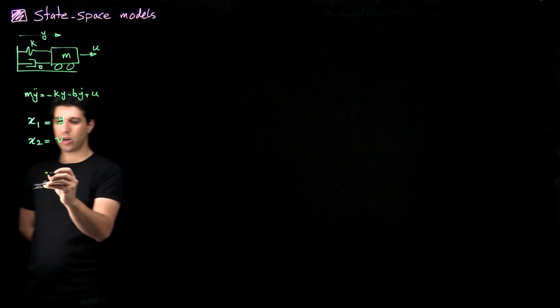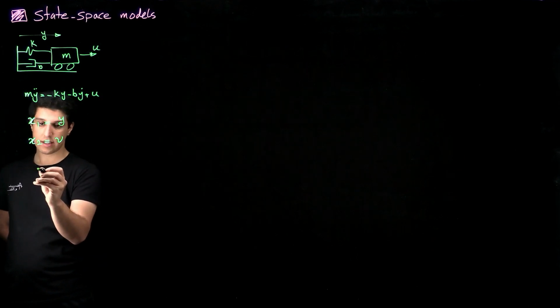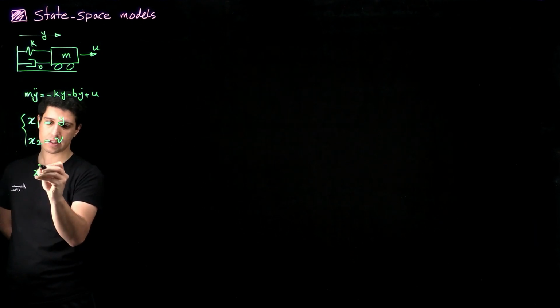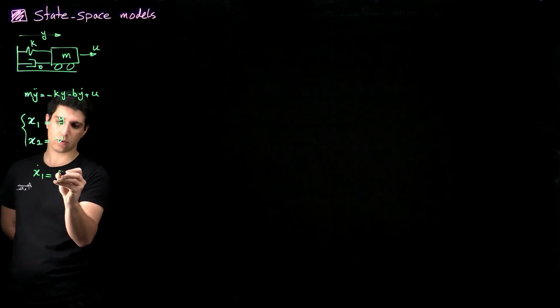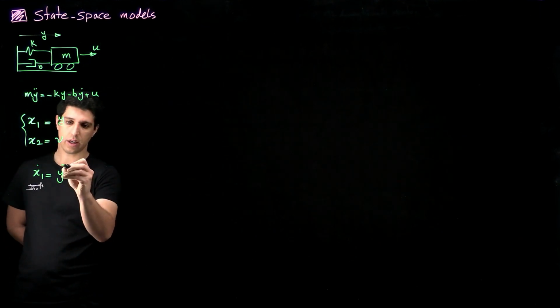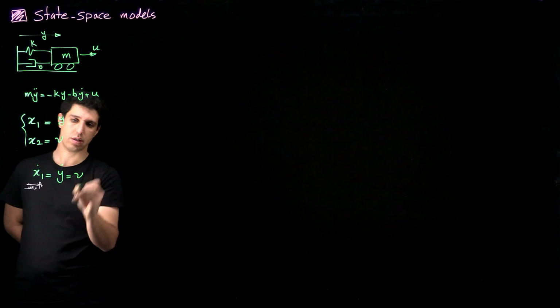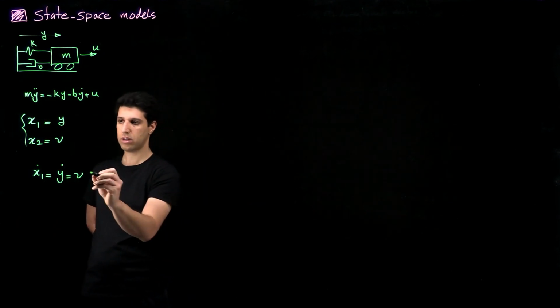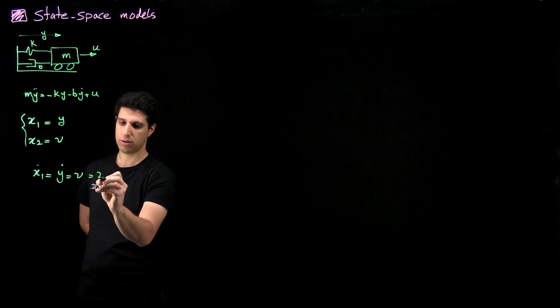Now if I want to write the state equations, let's define x dot 1 equals y dot, which equals v, the velocity of the car, which is x2.